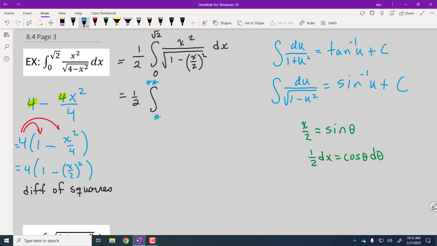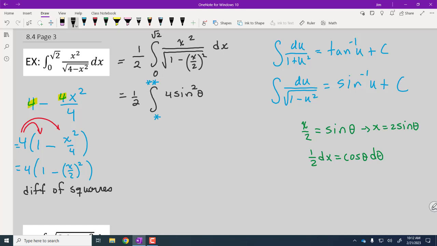Okay, so the numerator, x squared. Come down here, and we see that we can isolate x, and x is going to be 2 times sine theta. So x squared is 4 sine squared of theta. Now, dx.